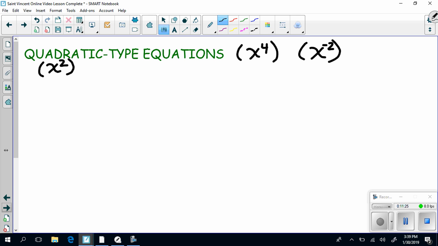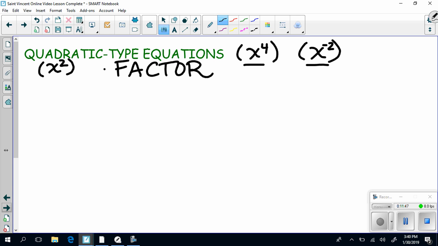Well, this time they are going to have x to the 4ths and x to the negative 2s. The thing is, they are solved exactly the same way. You factor, and like I said, the factoring is important here because you will do it over and over and over. So let's look at them.